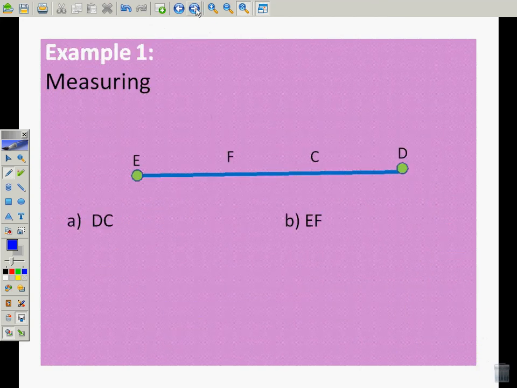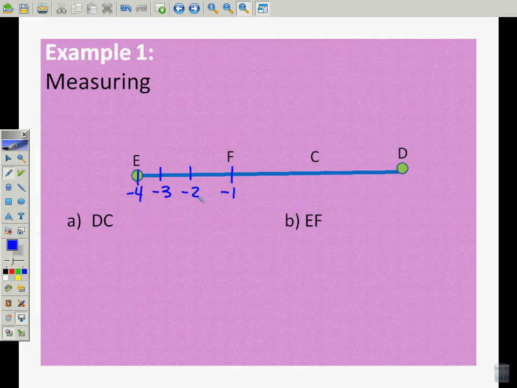Now, measuring. How do we measure things? Let's look at this. We are going to be finding the length of a segment, and we've got E, and what I didn't show you was that this is actually a number line. And here's how we're going to go. -4, -3, -2, -1.